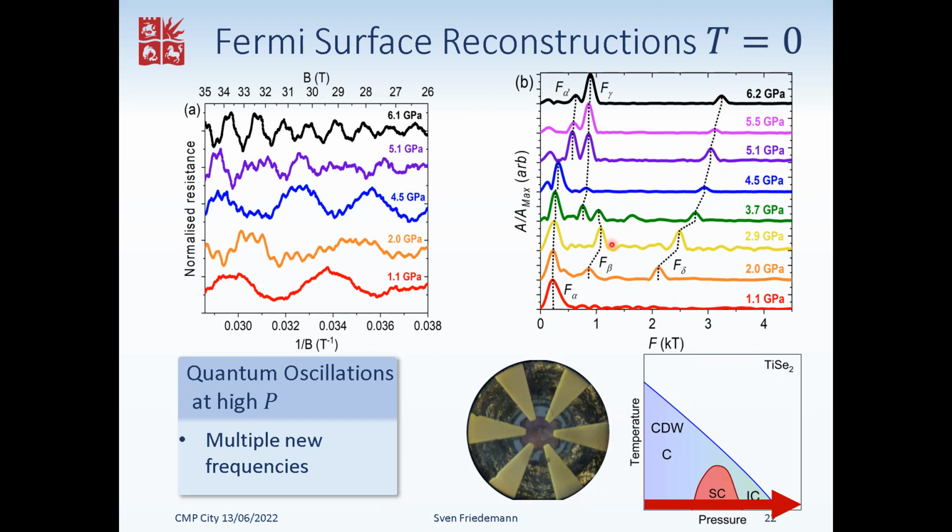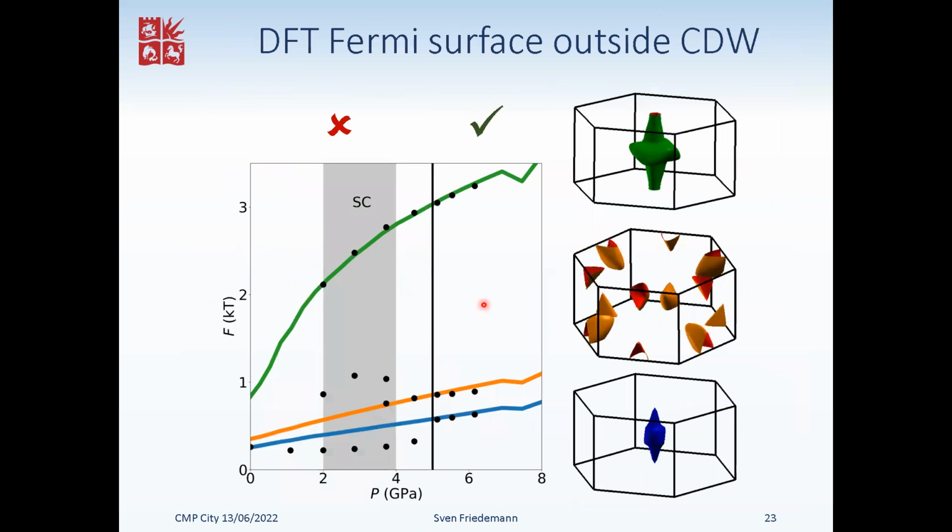We can, of course, plot these frequencies versus pressure, and I'm already including on this slide these experimental points here in black, as well as what DFT can teach us about the material. And indeed, with DFT, with a few adjustments, for instance, adding an extra band shift, we can get the Fermi surface, and we can understand the Fermi surface quite well outside the charge density wave.